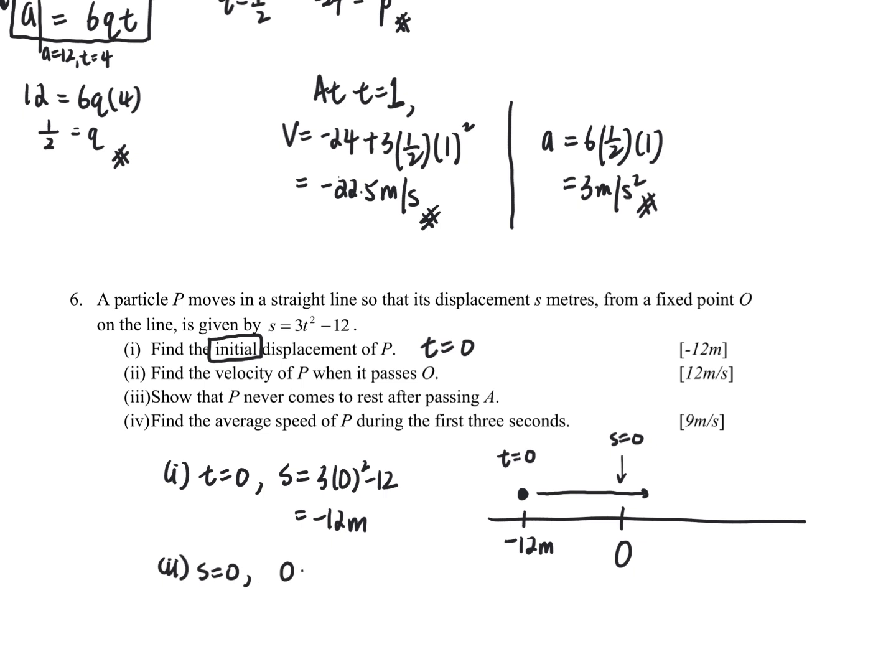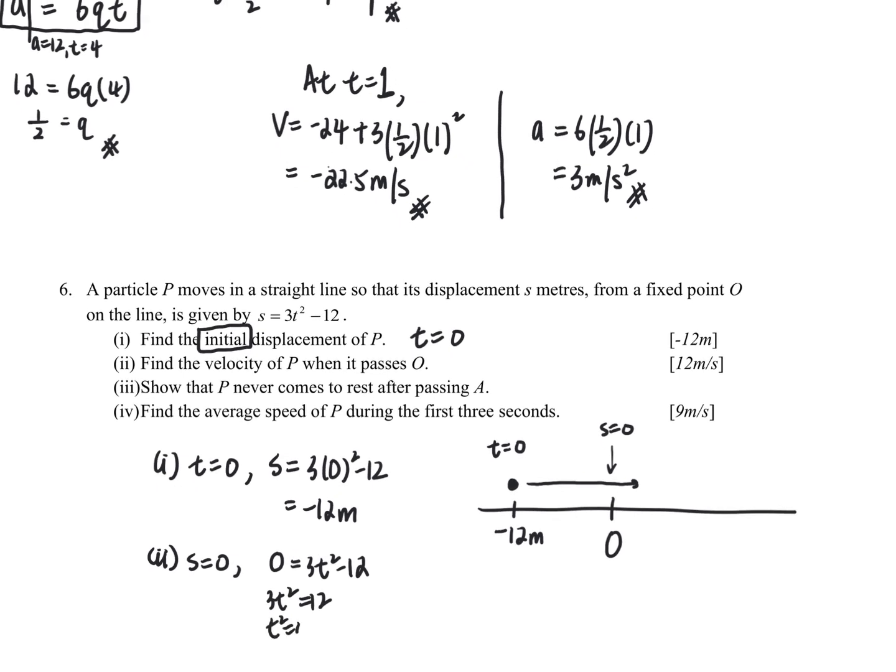So when S is equal to 0, go and solve for the T first. So it is when time is 2 or negative 2. This one is nonsense, so you reject. Time cannot be negative unless you can turn back time or got a time machine.